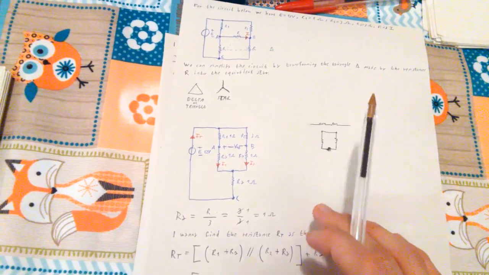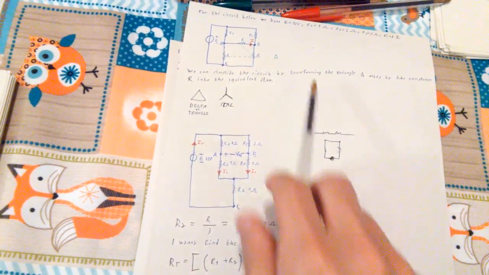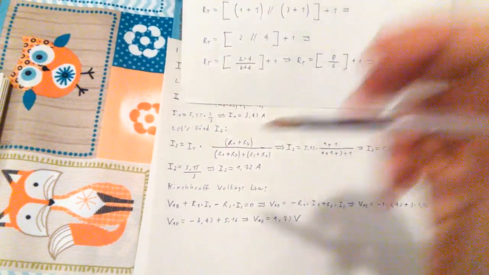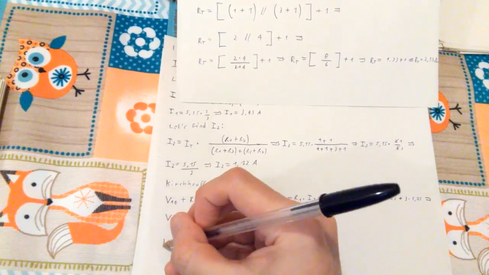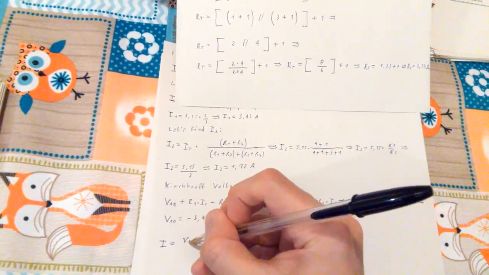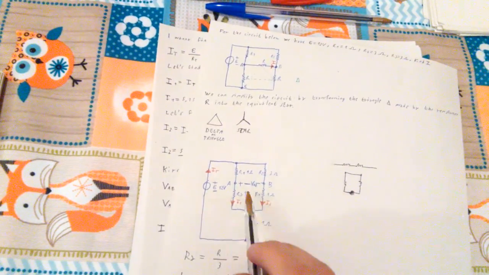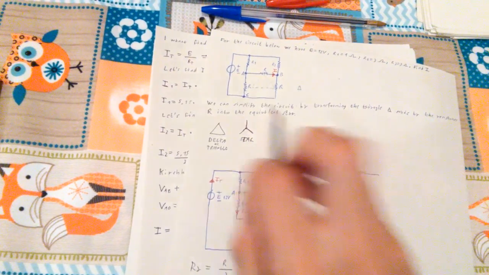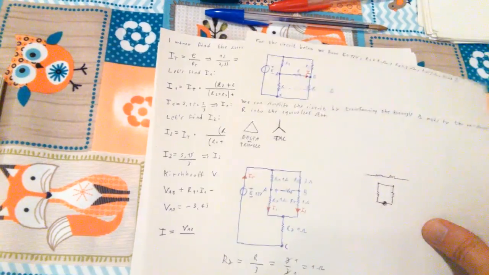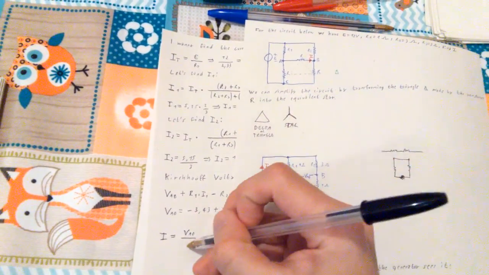So basically the current that the problem was asking for. In order to do that, I'm just going to call it I, and it is going to be VAB, the voltage between those two ends, A and B, over the resistance R, which we have here.